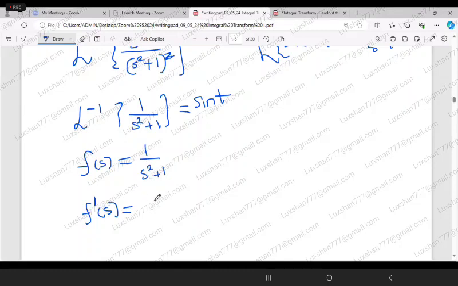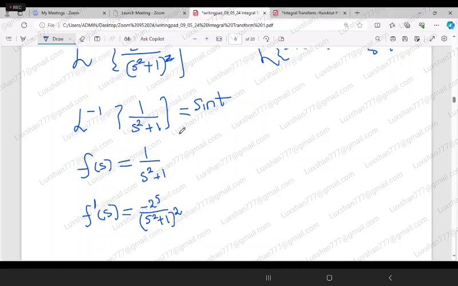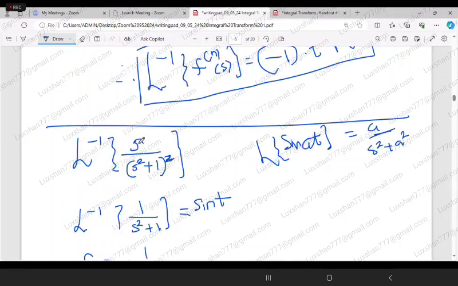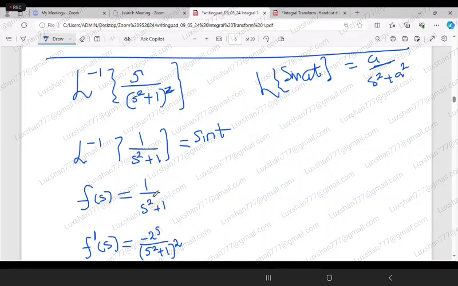If we differentiate this, it is nothing but minus 2s over (s squared plus 1) all squared, isn't it? Therefore, what we want to find is actually the derivative of this function.